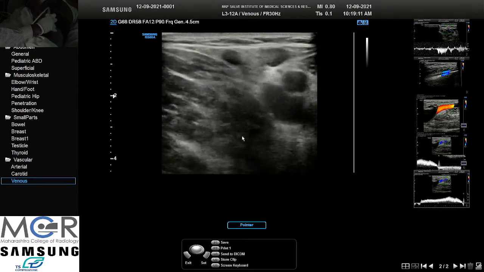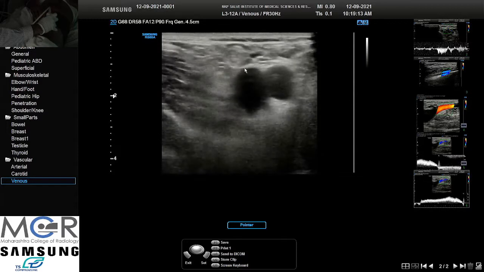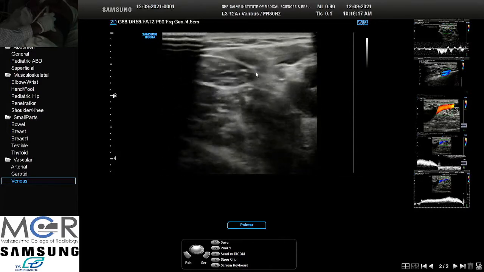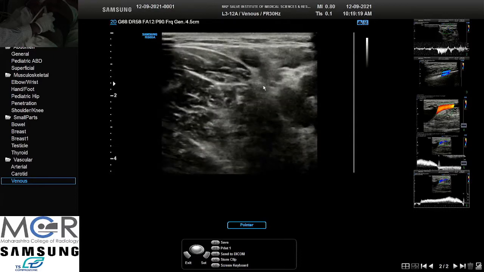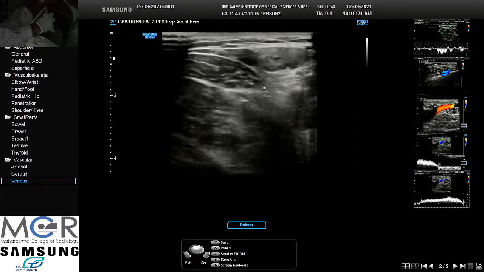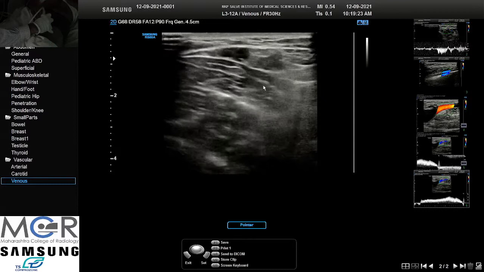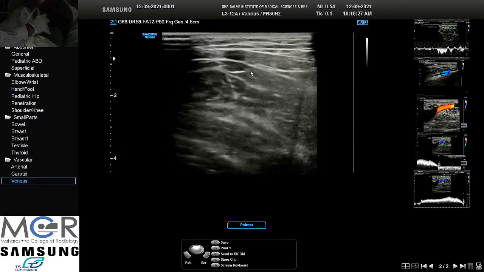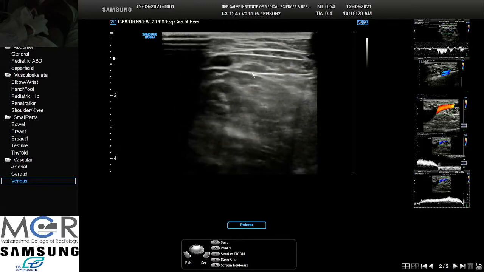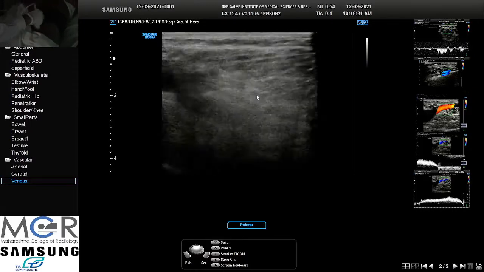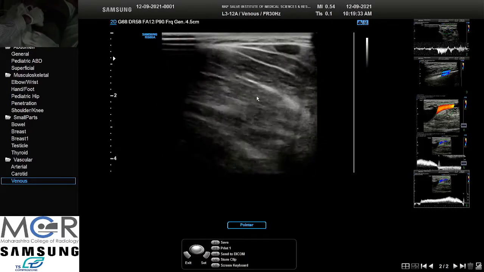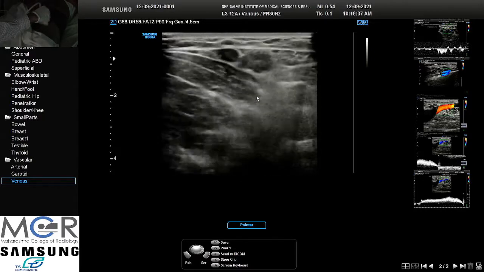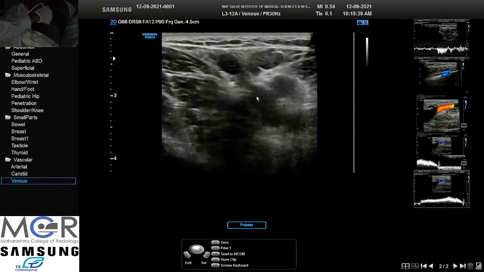So that is the junction, that is superficial epigastric. We are coming down, that is GSV. We'll try to trace the GSV, adjust the focus so that we see that GSV nicely. This is going medially. I'll try to see whether there are any tributaries here.